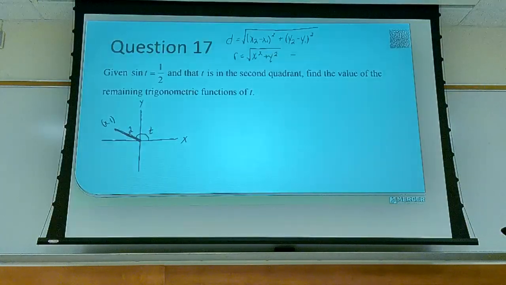Oh, but wait a minute. Square root of x squared plus y squared equals r squared. Isn't that the relation for a circle of radius r centered at the origin? Solve for x, because that's the missing piece. x squared would be r squared minus y squared, right?